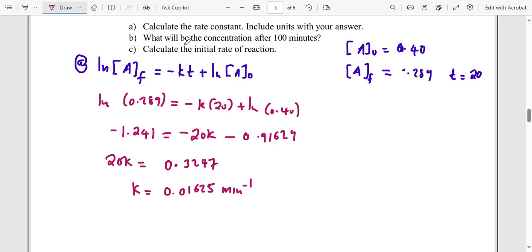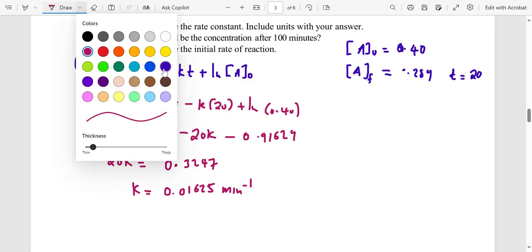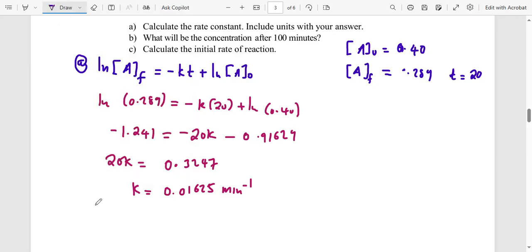B is saying, what will be the concentration after 100 minutes? So again, we'll use the same equation. Natural log of the final concentration is equal to negative kT plus natural log of the initial concentration.